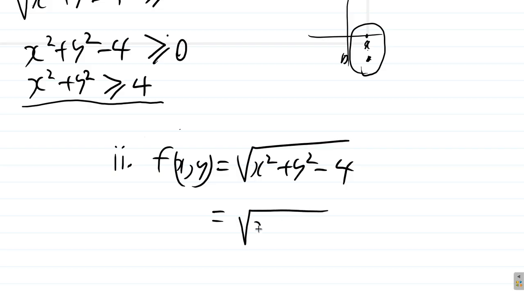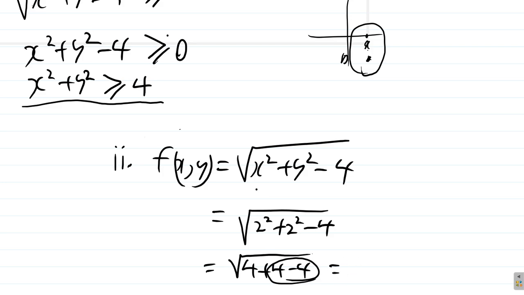So the square root of 2 squared plus 2 squared minus 4. In this case, the square root of 4 plus 4 minus 4. This 4 minus this 4, that's gone. So only this 4 is left. So the square root of 4, which is 2. So the function f of 2, 2 is 2.